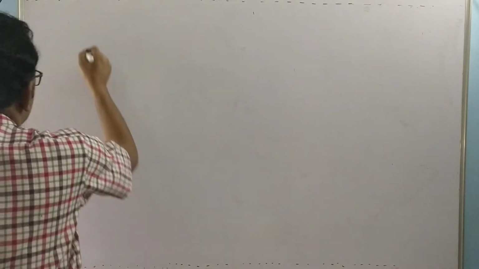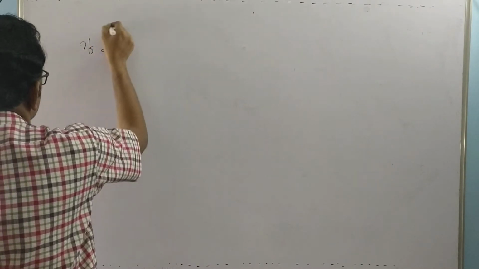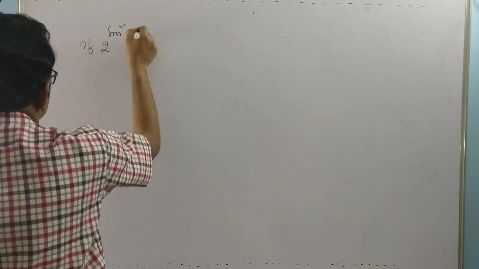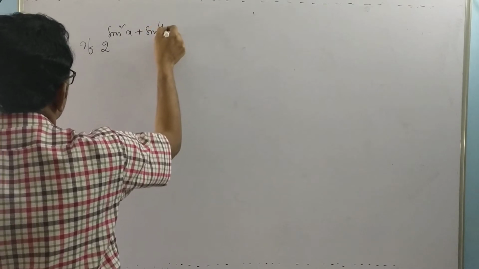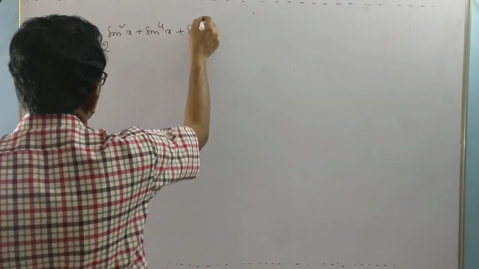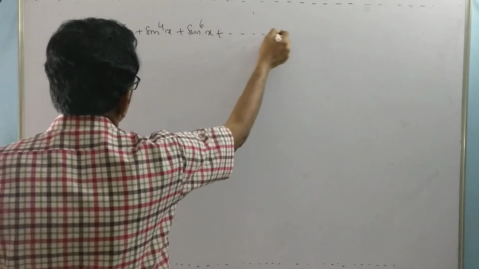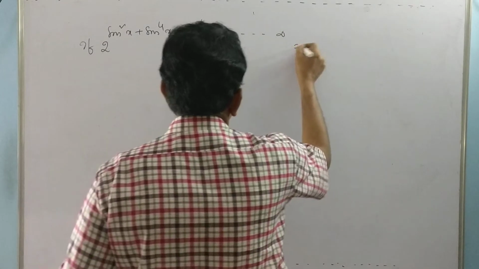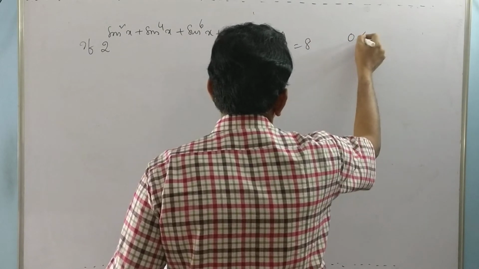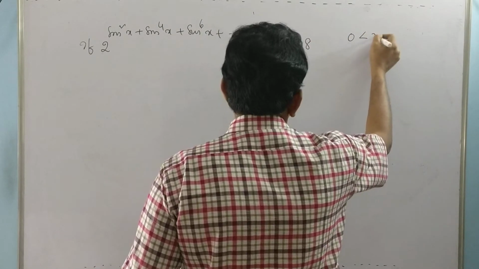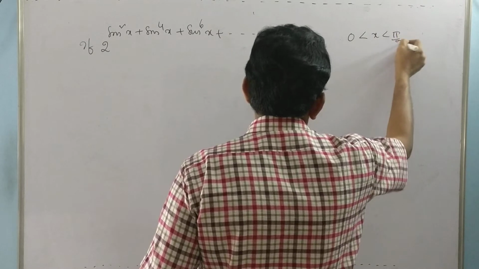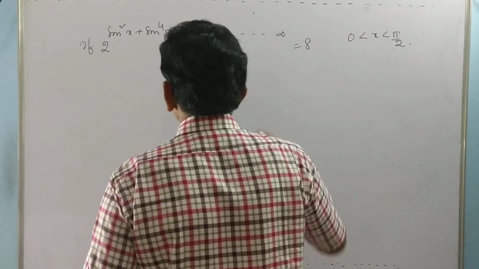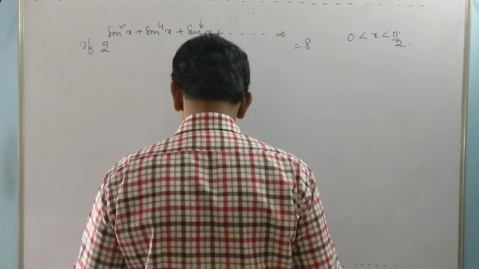Next one, if 2 power sin square x plus sin power 4x plus sin power 6x and so on up to infinity is equal to 8, where 0 less than x less than pi by 2. That means what? X is in the first quadrant.